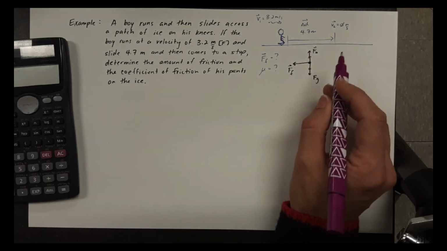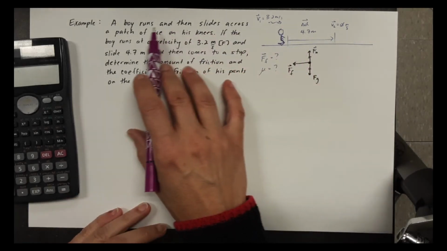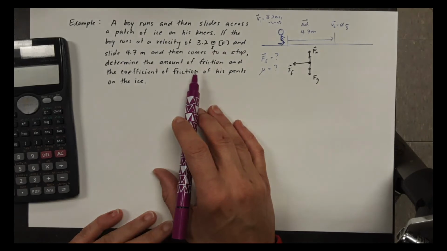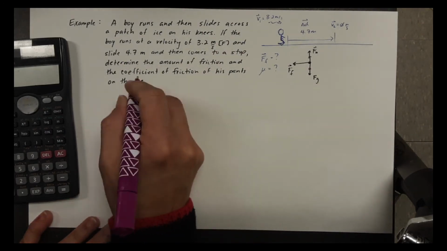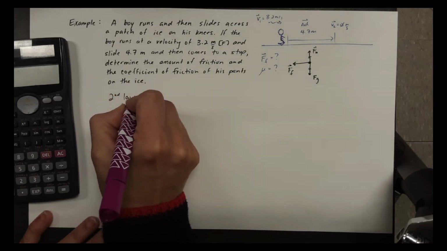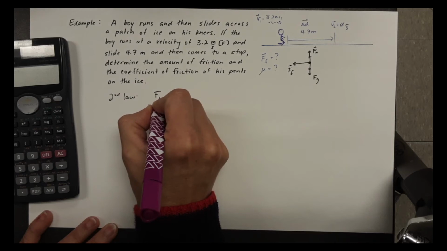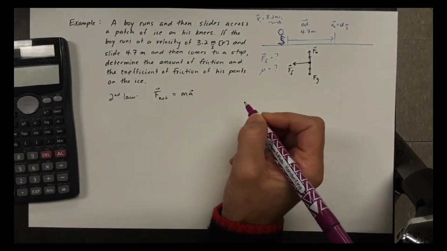Unless I have to find the normal force, but I was not given the mass of the boy. So, what do I do? Well, I look to Newton's second law. Okay, Newton's second law says that F net equals ma.